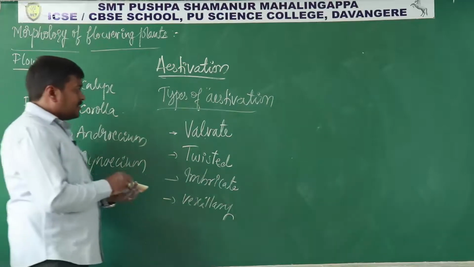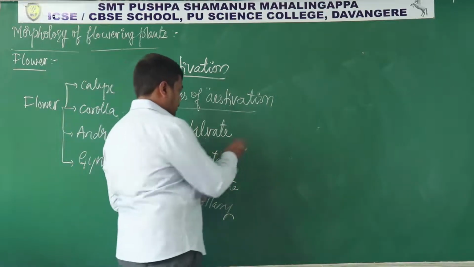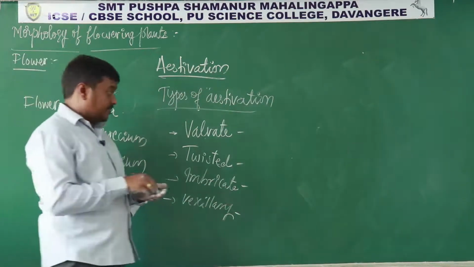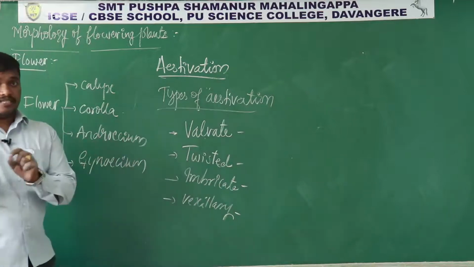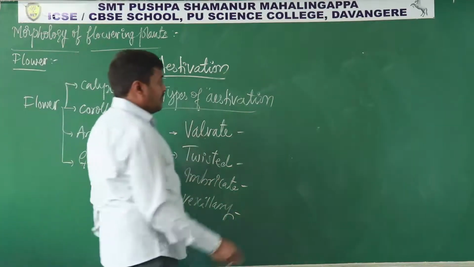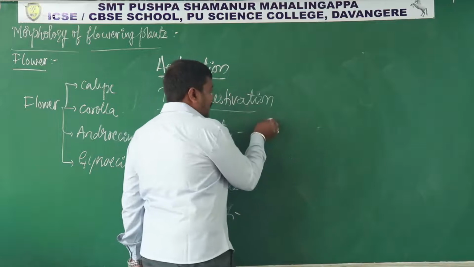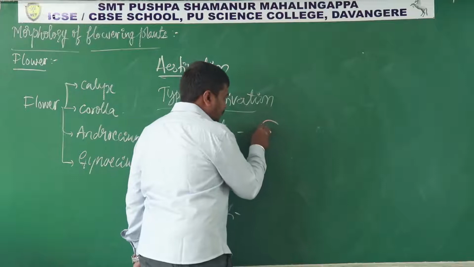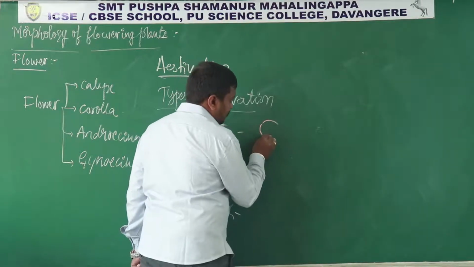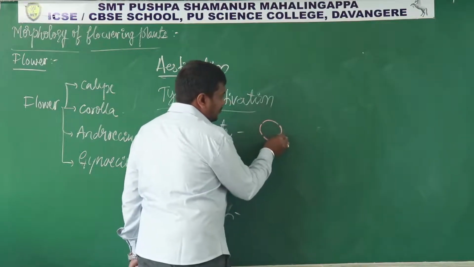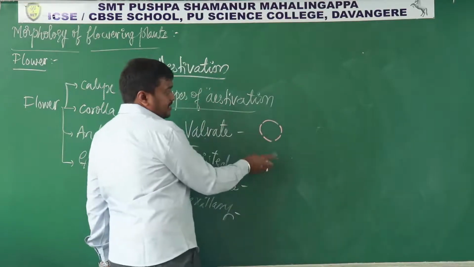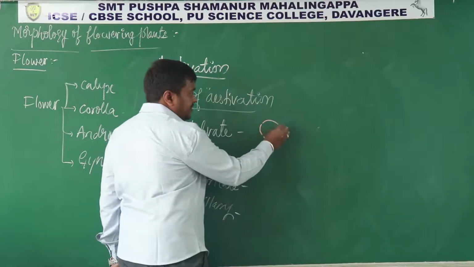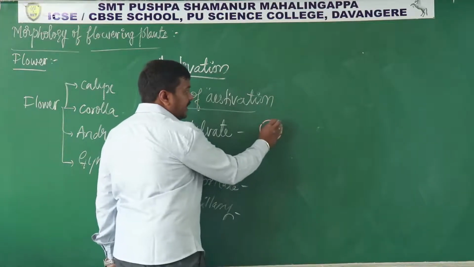So what is the difference between all these? Let's see. In valvate estivation, of course it is applicable to both calyx and corolla. If one petal is present beside the other petal without overlapping, suppose there are 5 petals, all the 5 petals are arranged side by side without any overlap.